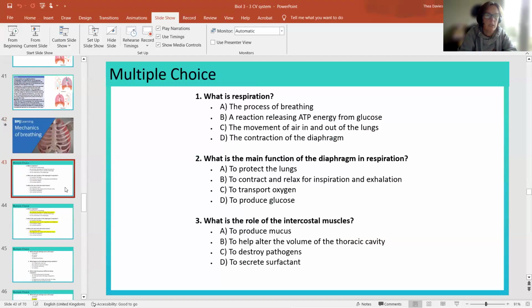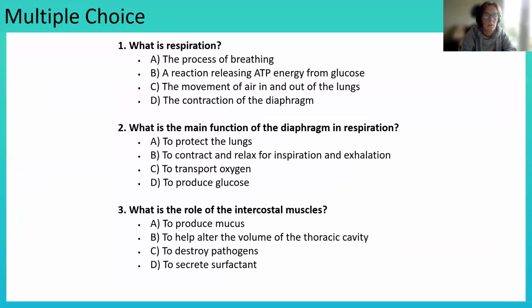Okie doke. Let's have a quick look at a couple of questions. What is respiration? That might be a bit tricky just yet. What is the main function of the diaphragm in respiration? Or it's probably not the best description of it, or in breathing.